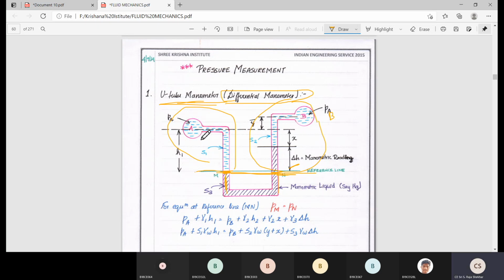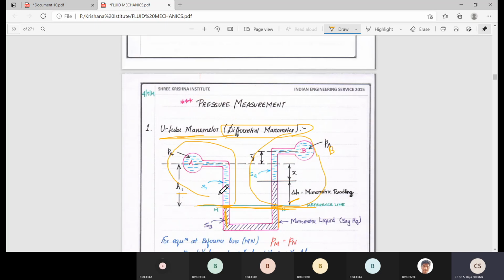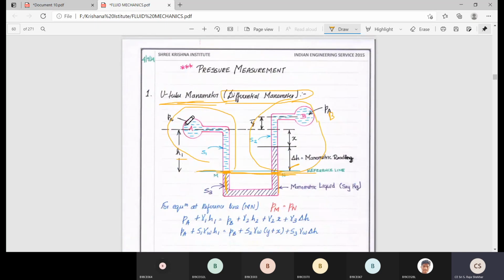Next, the depth of flowing liquid from this reference line to the point in pipe A is small h1. Then we can write the pressure difference. First I am writing for the left limb, so the pressure is PA plus rho g h1.